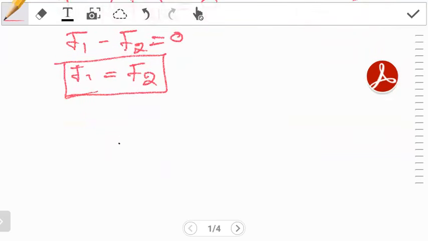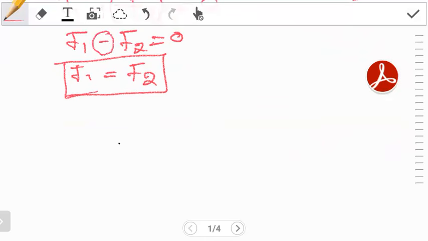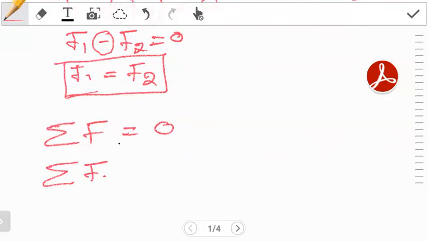We have to keep into account the fact that every value we have to work with, we have to specify its direction. It's not enough to just give its value. So when we say the forces are equal, or when we add the forces, they should add up to 0, all we're saying is you must add these forces in terms of their vectors.